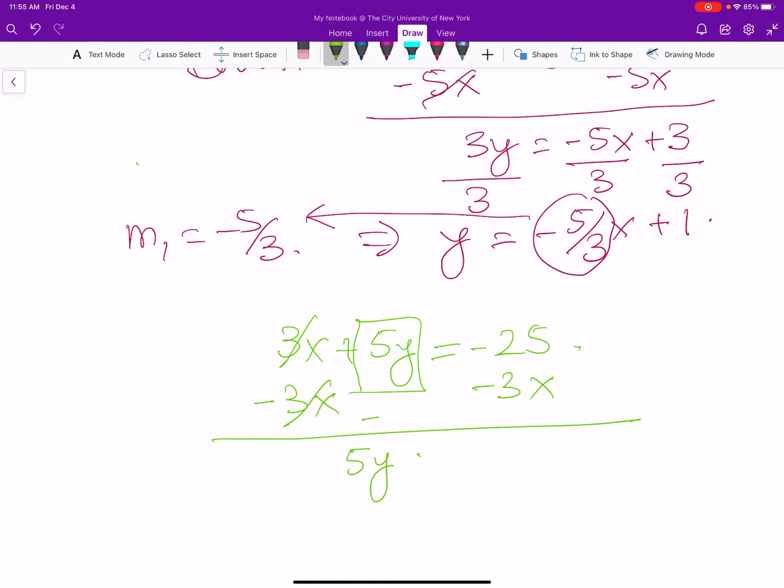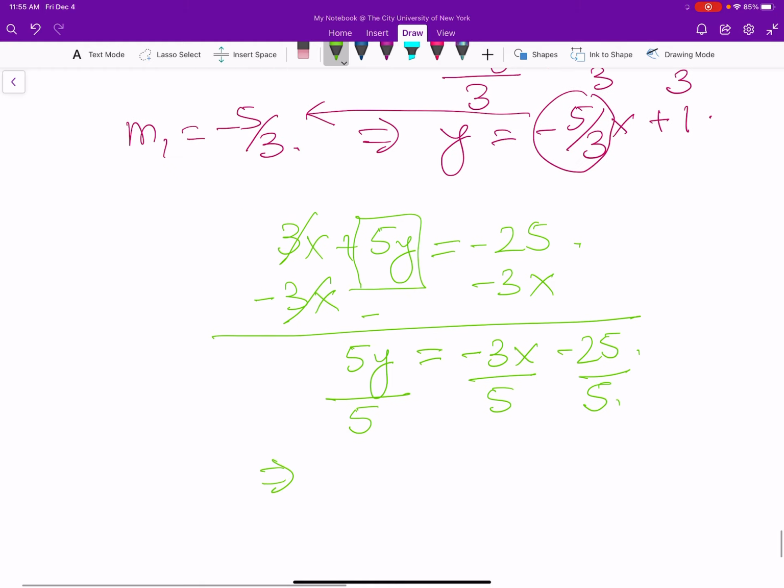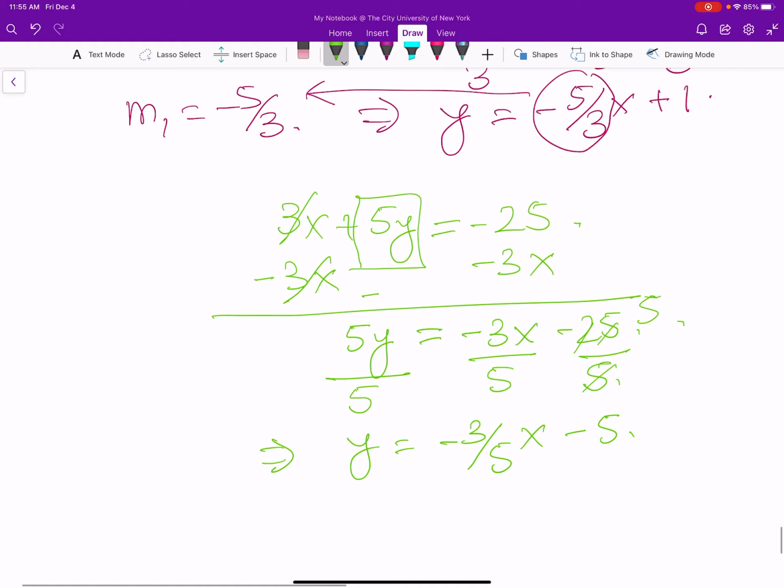We get 5y equals negative 3x minus 25. Then to get y free, divide both sides by negative 5. So you get y equals negative 3 by 5 x, and the negative 5 cancels out.